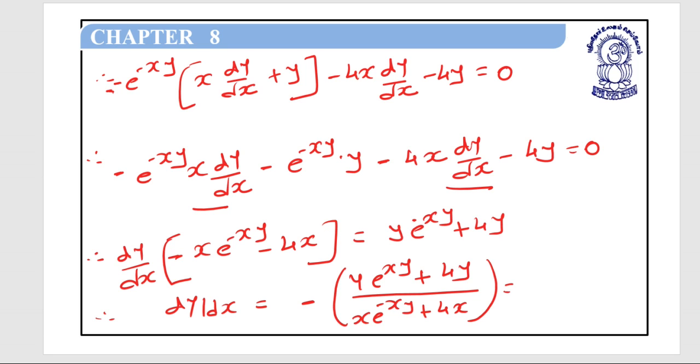So minus y common, e raised to minus xy plus 4, upon x common, e raised to minus xy plus 4. The brackets cancel.